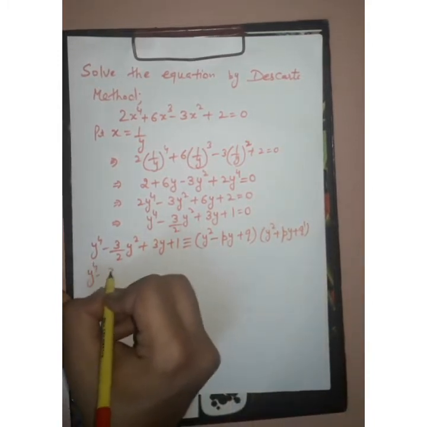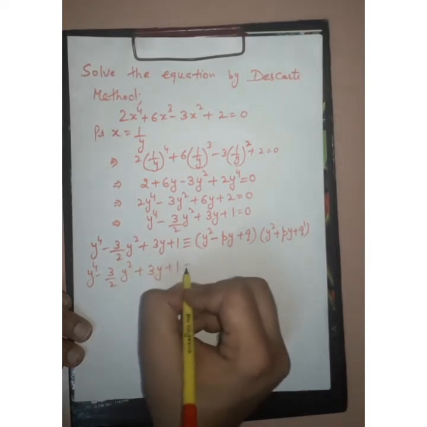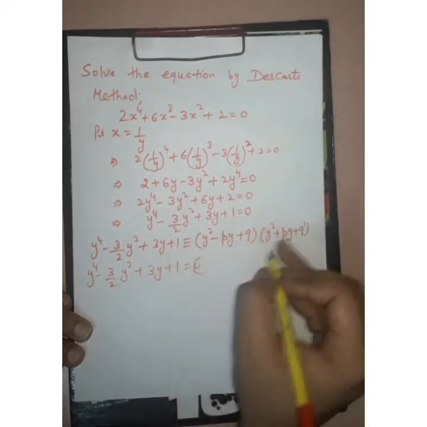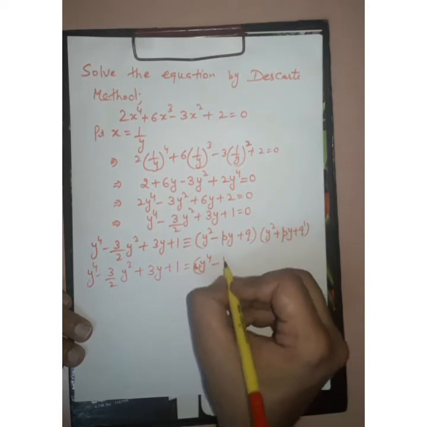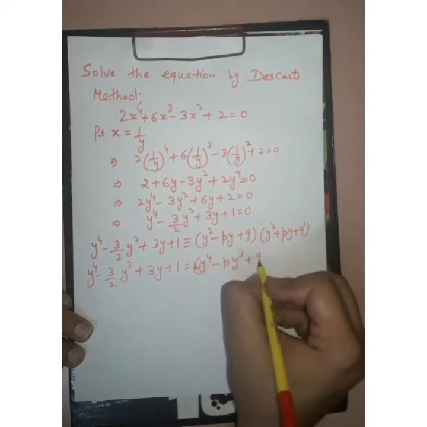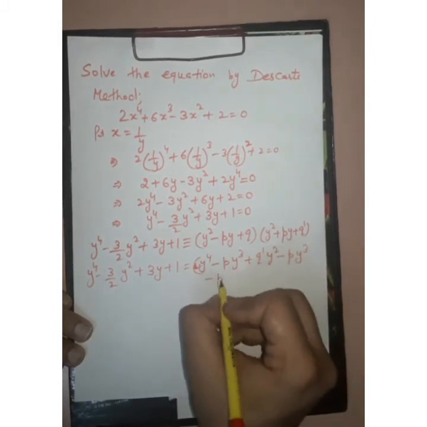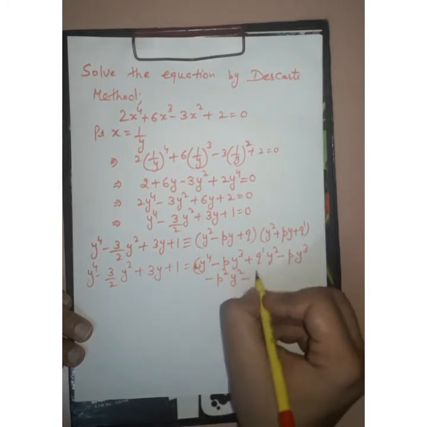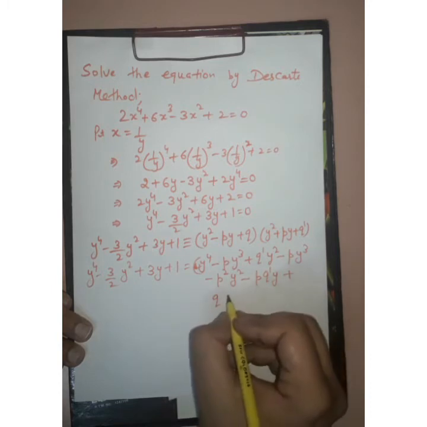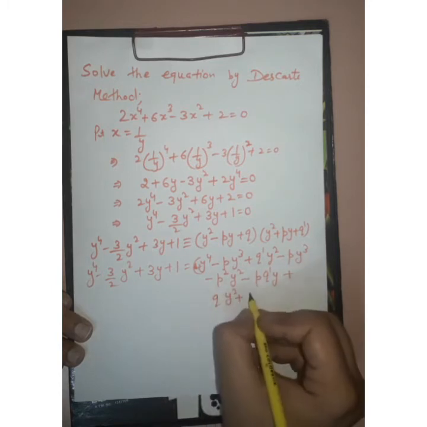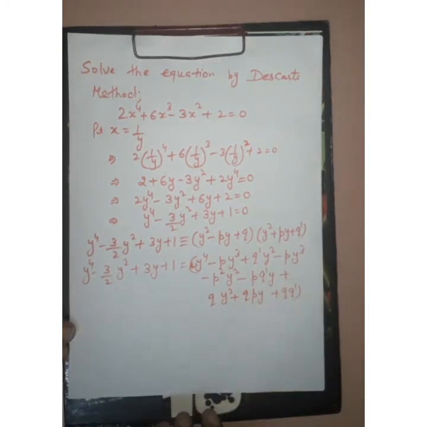Now y4 minus 3 by 2 y square plus 3y plus 1 is equal to the product of these two factors. Multiplying, we get y4 minus py cube plus q dash y square minus py cube minus p square y square minus pq dash y plus q y square plus qpy plus q dash q.